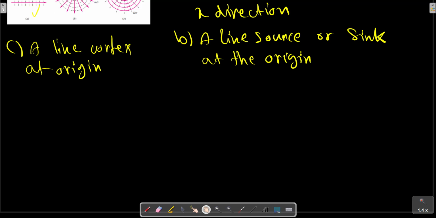At first we are going to formulate part A, which is a uniform stream in the x direction.